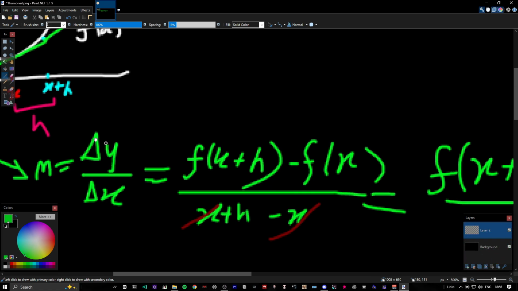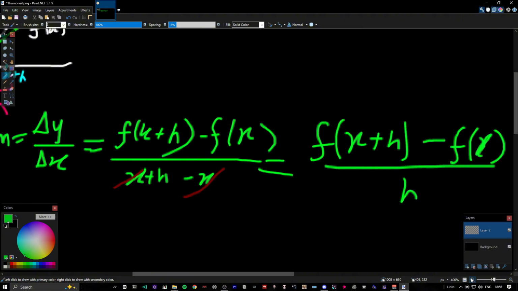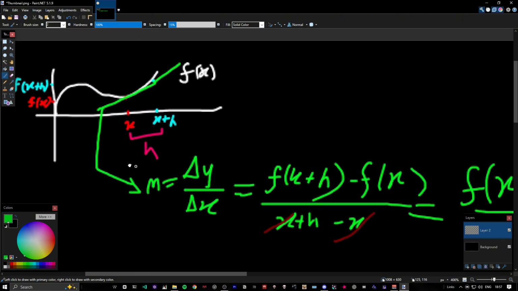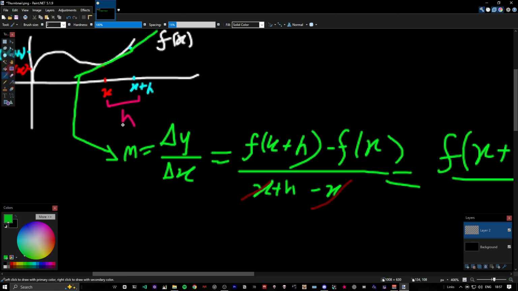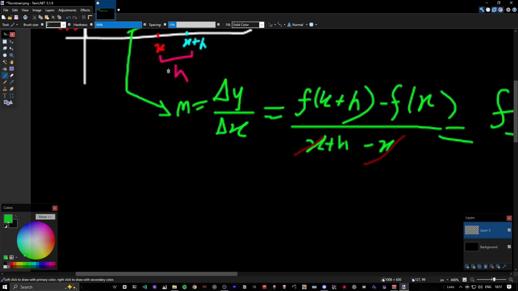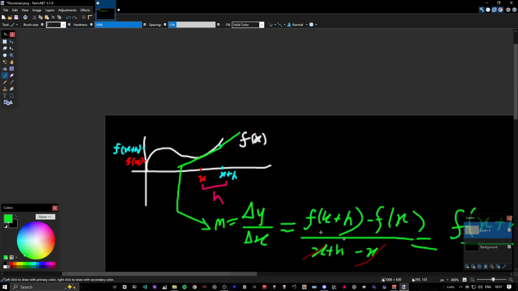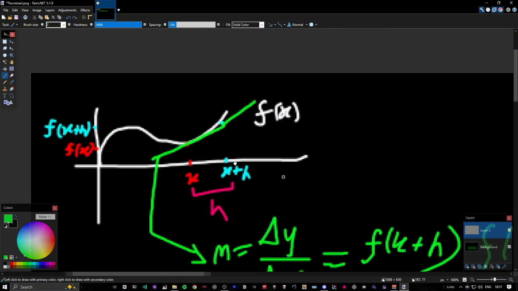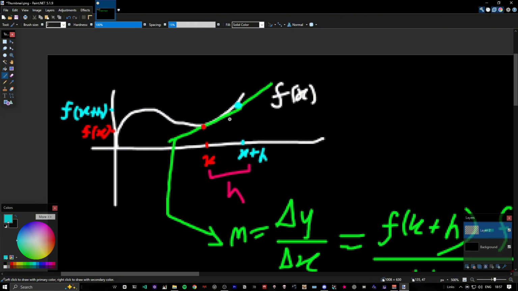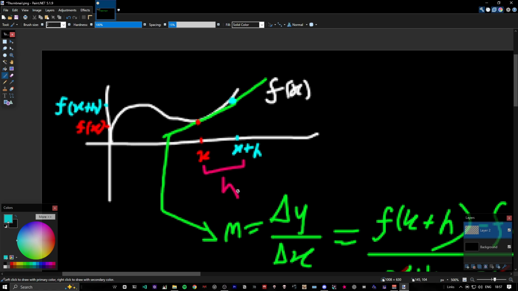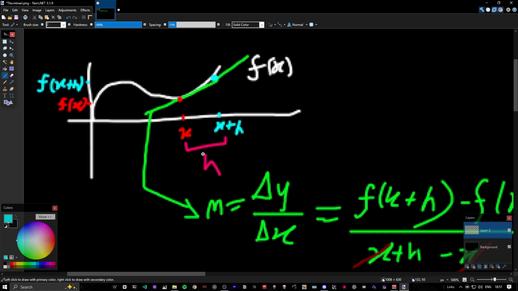Now, you might be asking, how do we make this approximation any better than it already is? And to do that, we can obviously move this point, this blue point, closer to the red point. Let me make this a bit more clear. This blue point is going to be moved closer to the red point, meaning this distance h would get smaller.